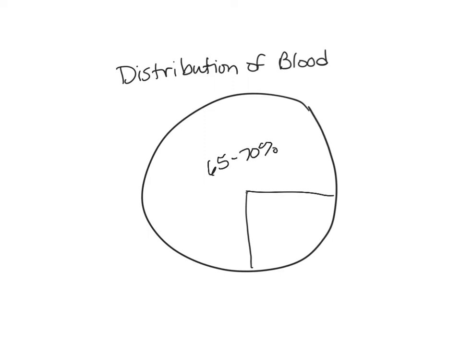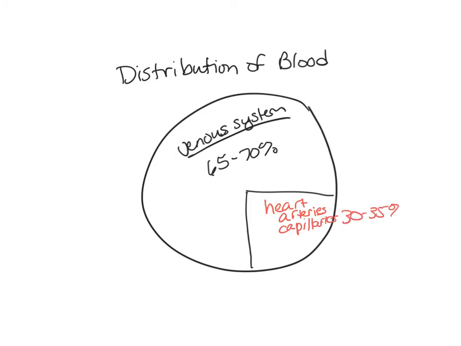So this is the venous system. Then at any given time, the heart and the arteries and the capillaries will contain about 30 to 35% of the blood volume.